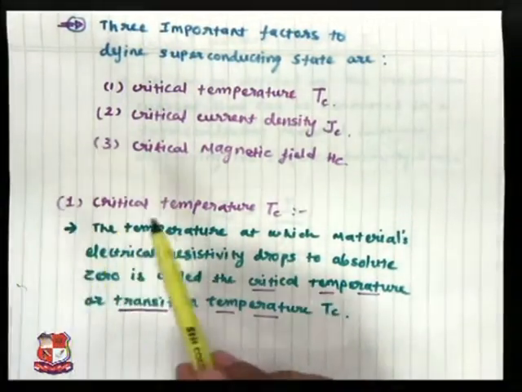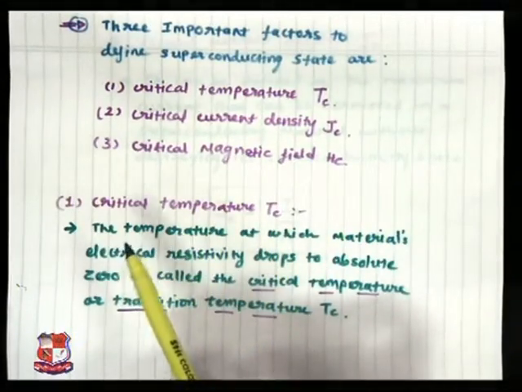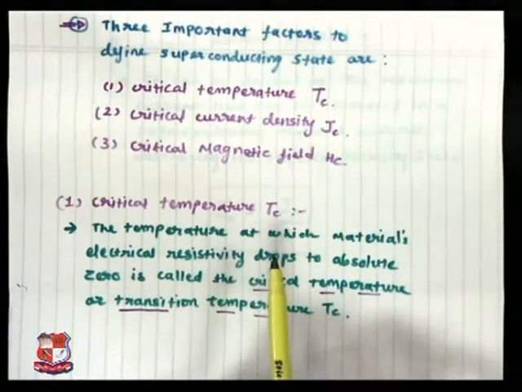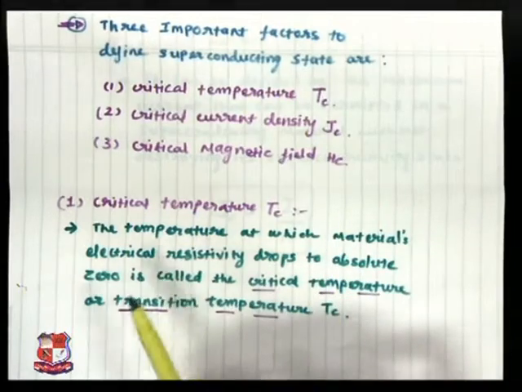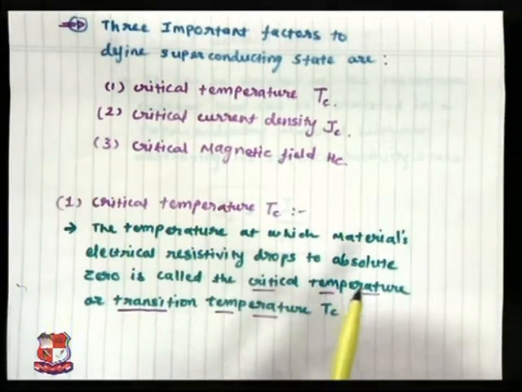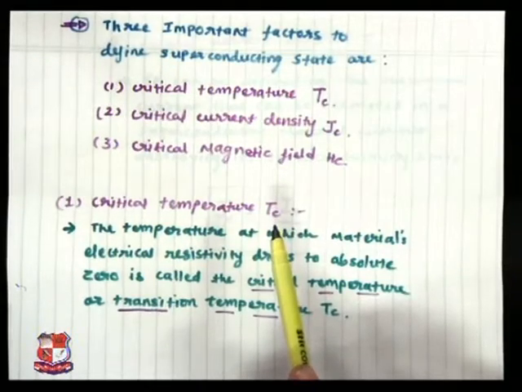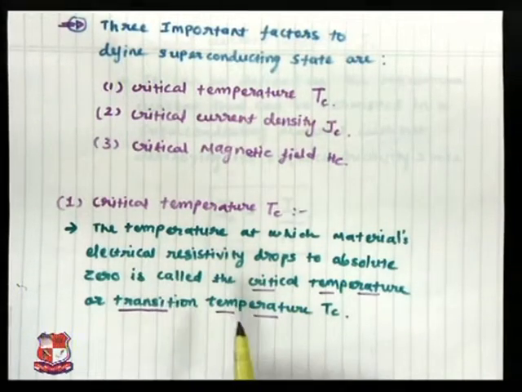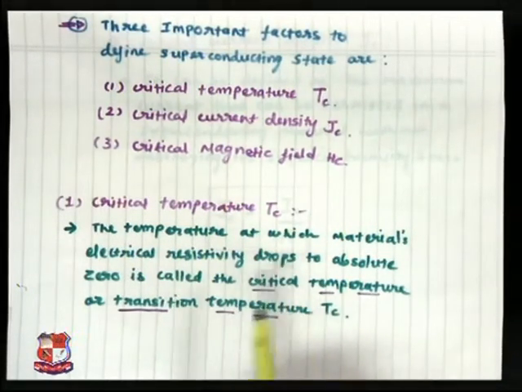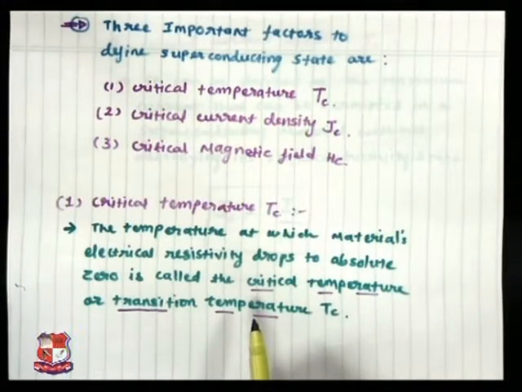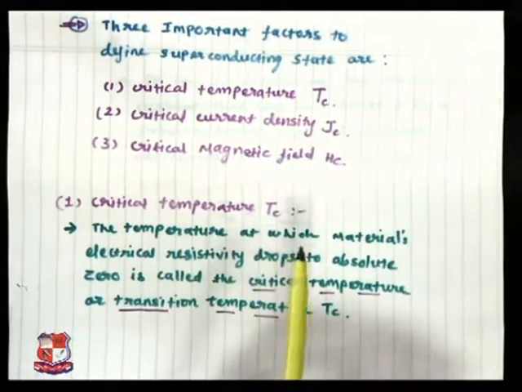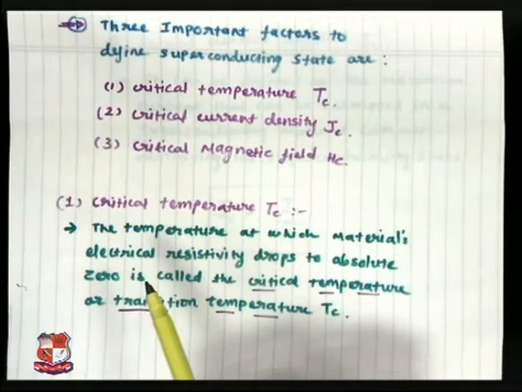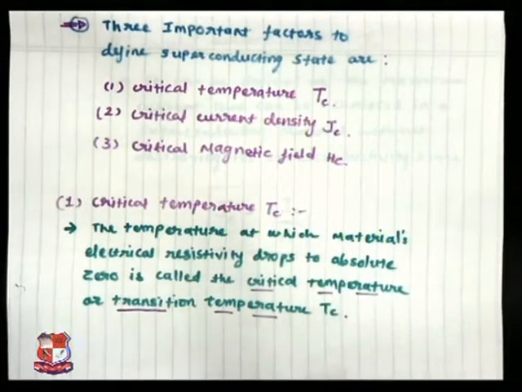Let us observe the first thing, critical temperature Tc. The temperature at which the material's electrical resistivity drops to absolute zero is called the critical temperature. It can be represented as Tc in symbol, and it can also be called the transition temperature.